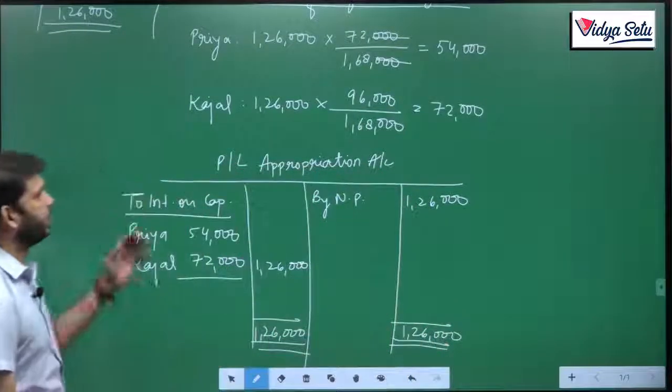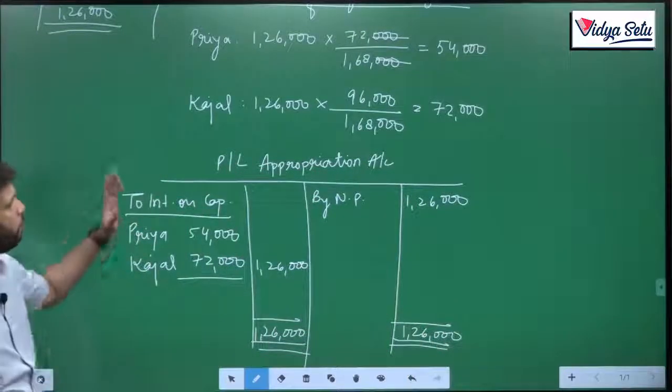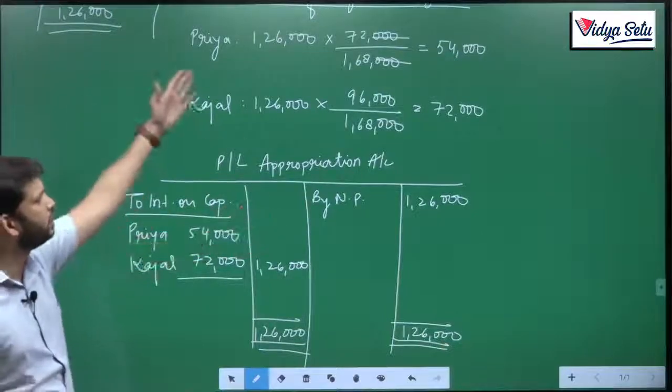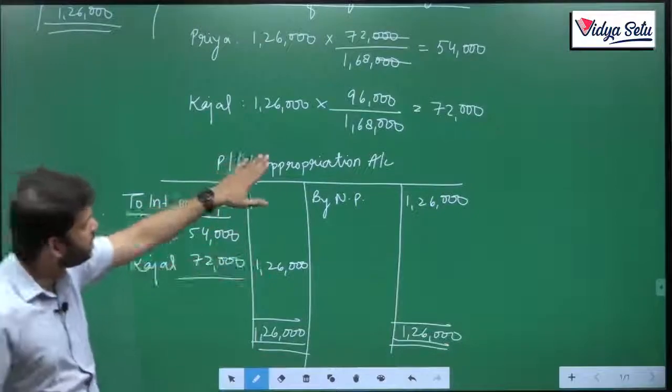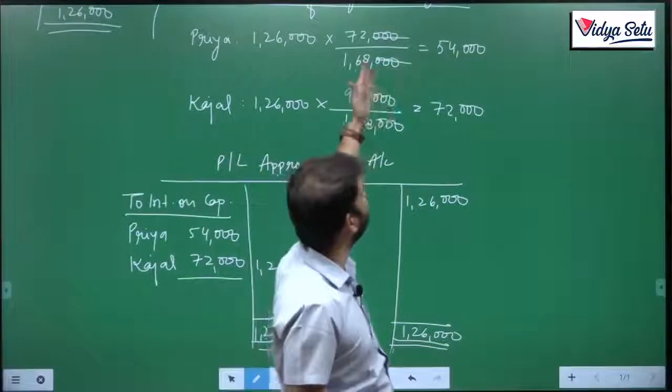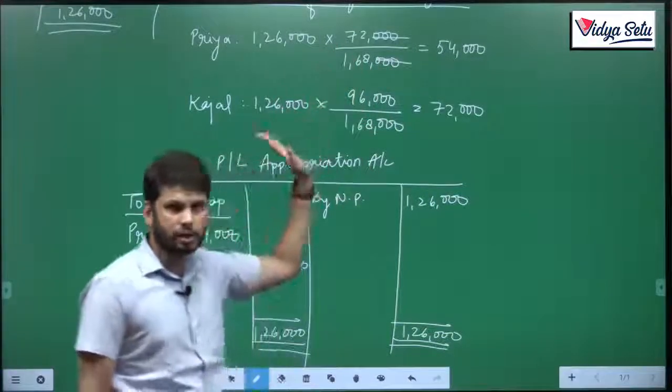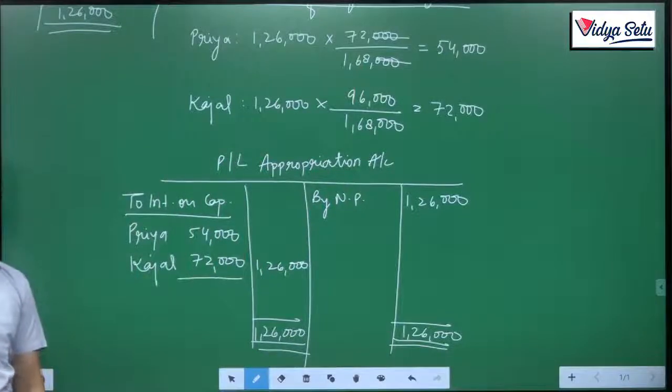The important thing is, if the profits are less than the total interest on capital, then the profits will be divided in the ratio how they were supposed to get their interest on capital. Okay, that's how you have to solve. Thank you.